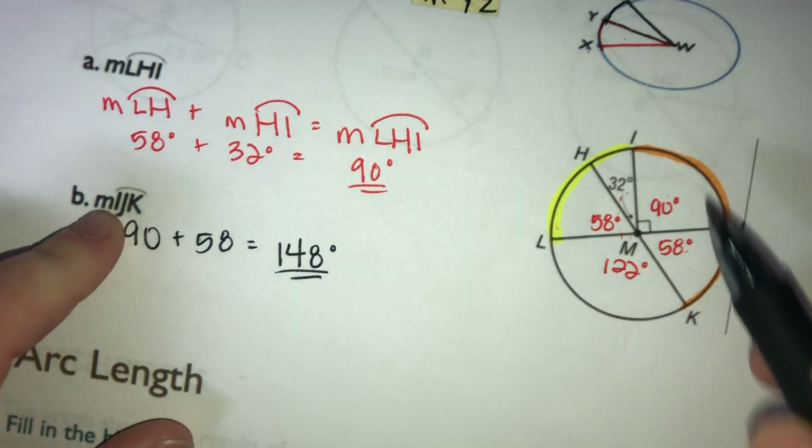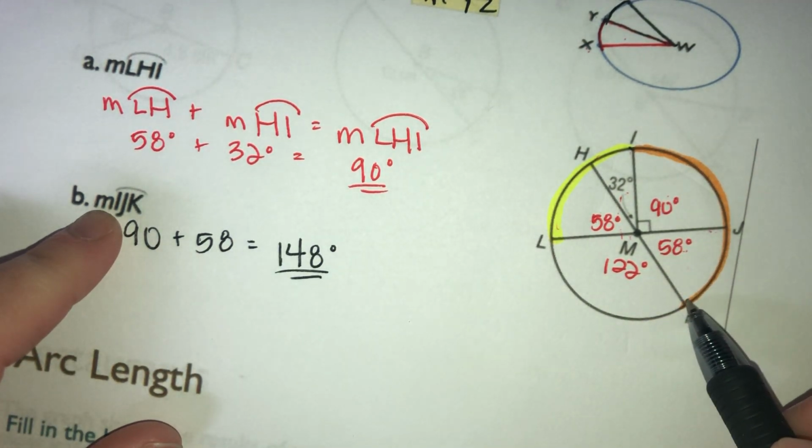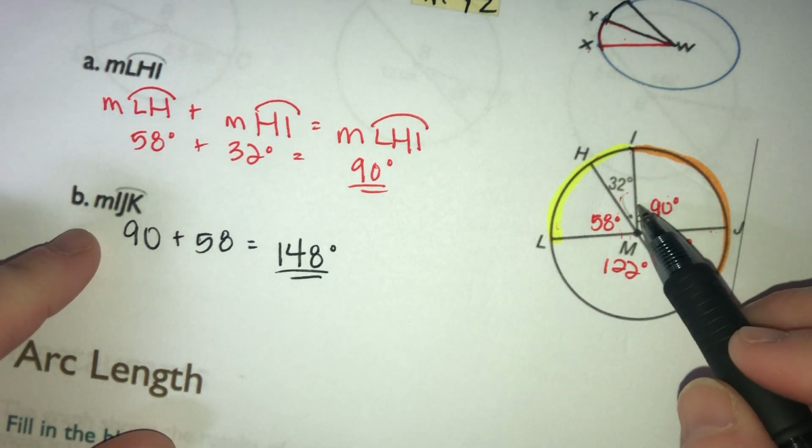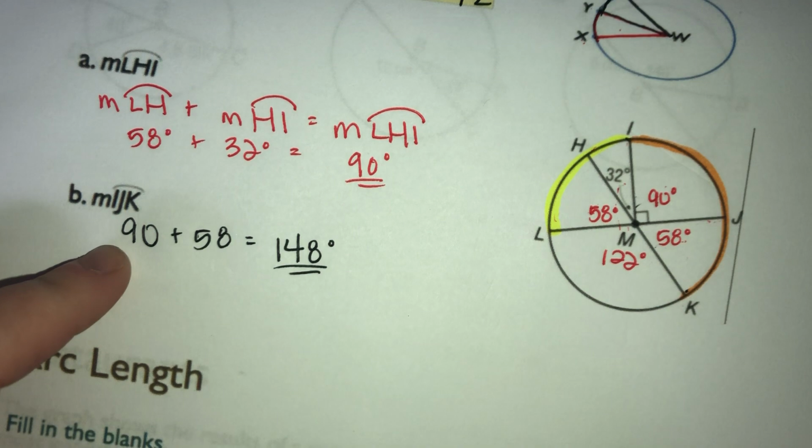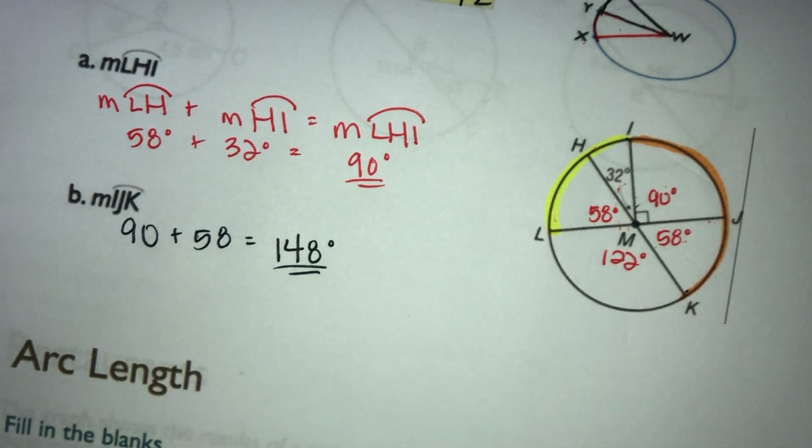The measure of the arc, just this orange portion, is 148 degrees because the measure of these central angles together is 148. Okay, so easy peasy, right? The measure of an arc is the same size as the measure of the angle it comes off of. So if it's a pizza slice, you look at what the measure of the pointy end is, and that's the same measure of the crust, right? Same thing. That's how we measure it.